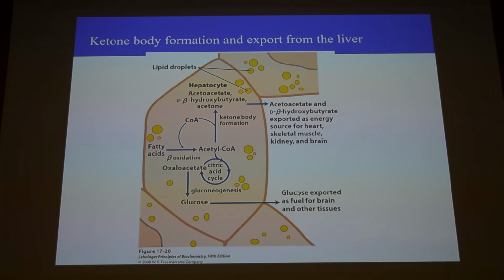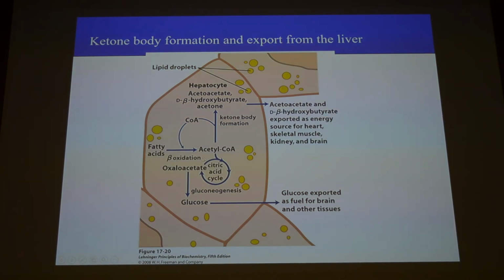What I want you to look at here is that the Krebs cycle will be affected. Why will the Krebs cycle be affected? Because the oxaloacetate is going to be busy making glucose.